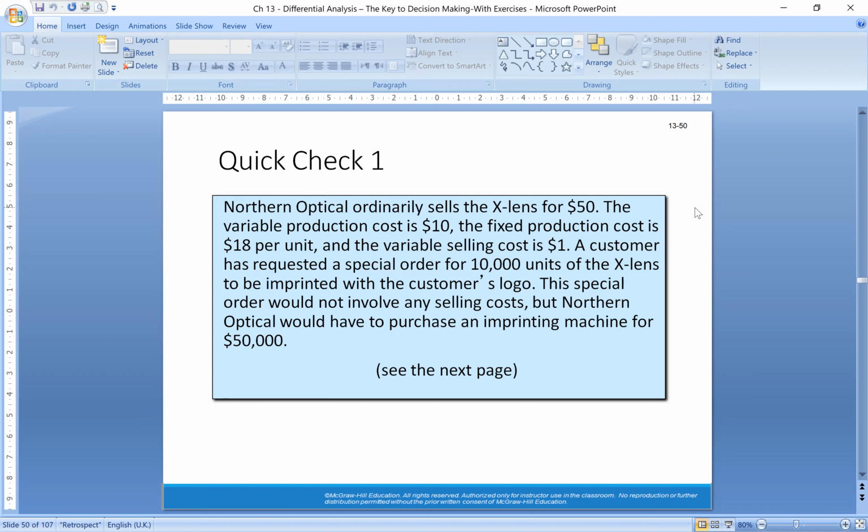But Northern Optical would have to purchase an imprinting machine for $50,000. So we have a special order for a lens, and this special order needs a machine to print the logo of that customer. We are not using this machine after that for anything else.